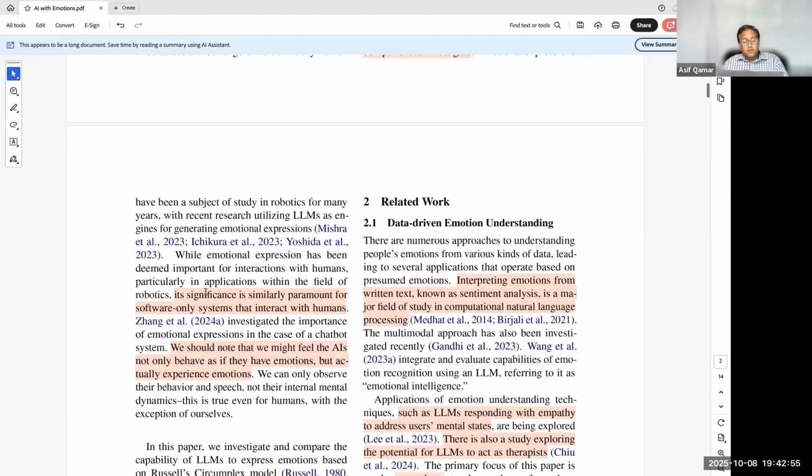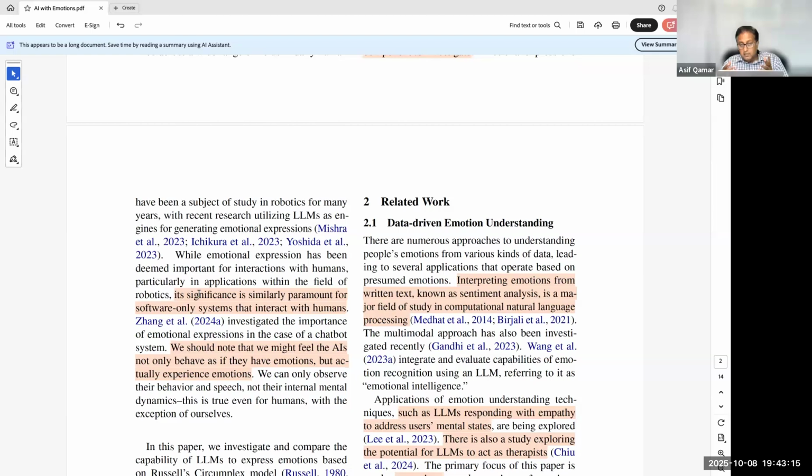Now the next one. When this field was thought through initially, before LLMs, this particular field of study had been there, as I was saying, initially in NLP systems for simple chatbots, and then the robotic domain.